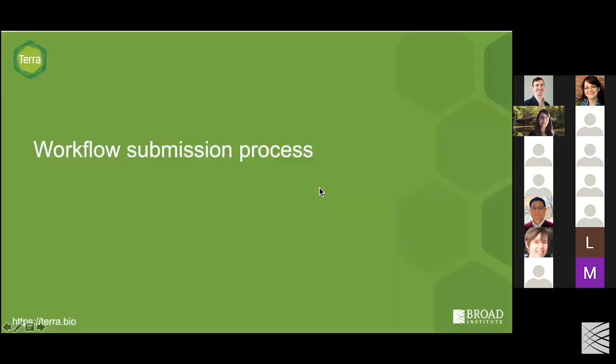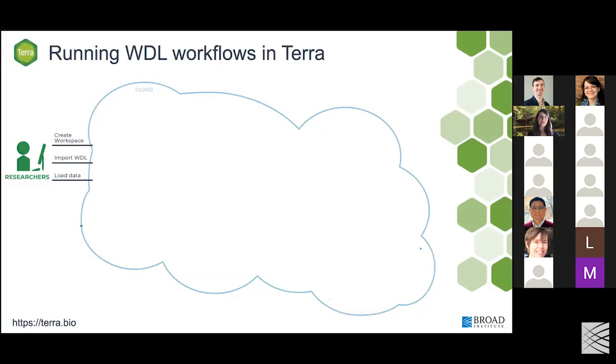All right. So once you have your workflow and your JSON, how does this workflow submission process actually work in Terra? So here you are as a researcher working at your local computer. You've created your workspace, you've imported your workflow in WDL format, and you've loaded your data.